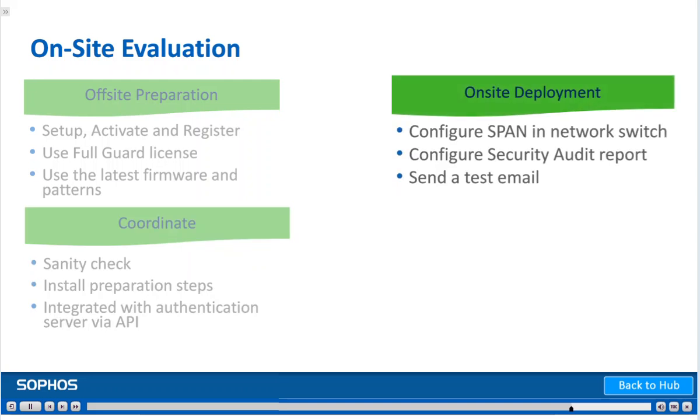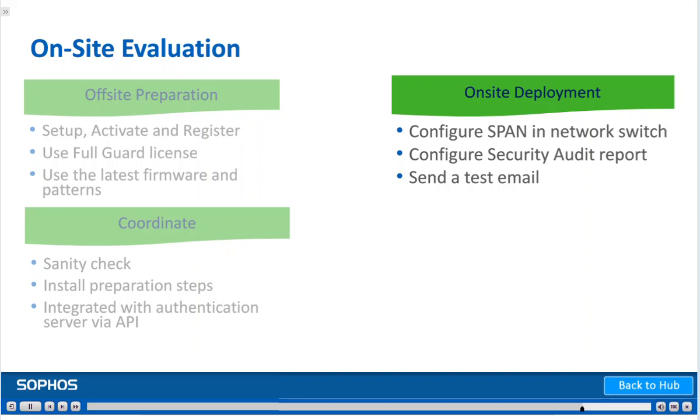Next, the on-site deployment. Configure the user identification, configure SPAN in the network switch if using Discover mode, configure the security audit report. The data should be sent to our cloud server for report generation.